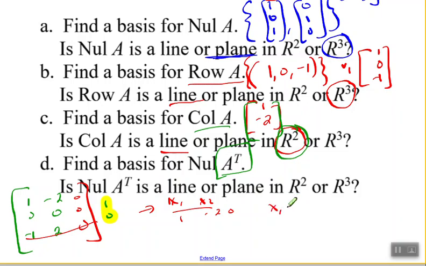So our vector x is equal to, x1 is equal to 2x2, x2 is equal to x2. So we have this vector right here. And the null of A transpose only consists of this one vector going in 2 directions. So it's just going to be a line.